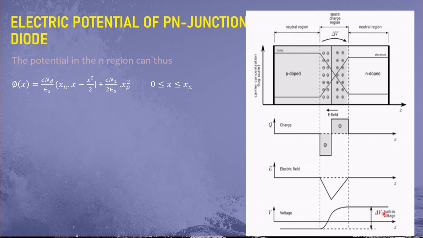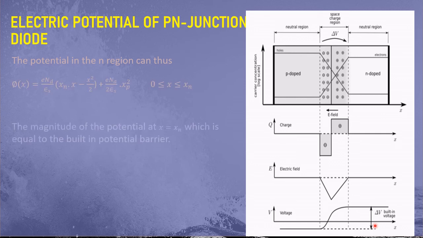So this is the graphical representation of the electric potential. This is the built-in potential. At x equal to x_n, we get the built-in potential barrier.